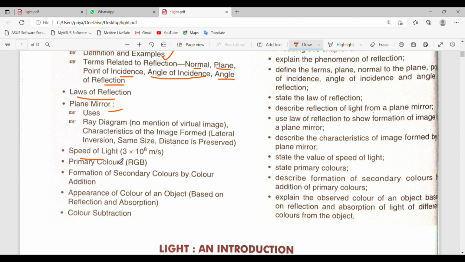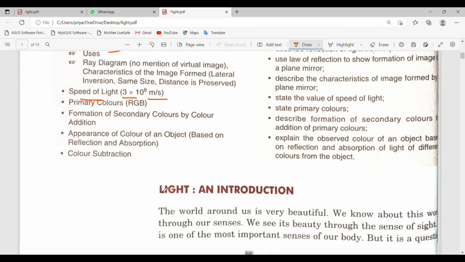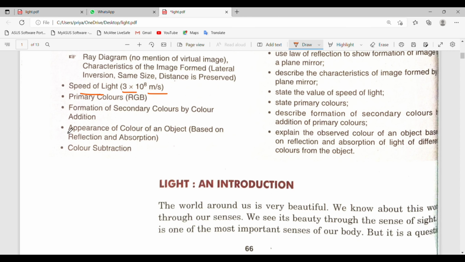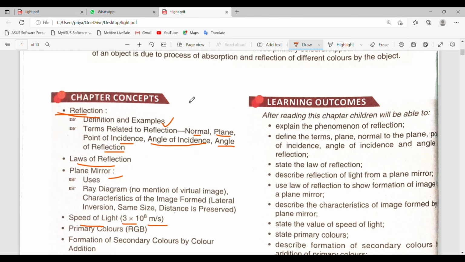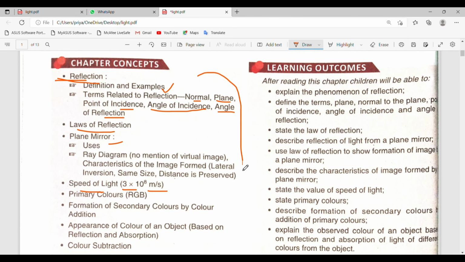What is the speed of light? It is 3 into 10 to the power 8 meter per second. What are primary colors, formation of secondary colors, color subtraction, appearance of color of an object. These are the topics we are going to study in this lecture.